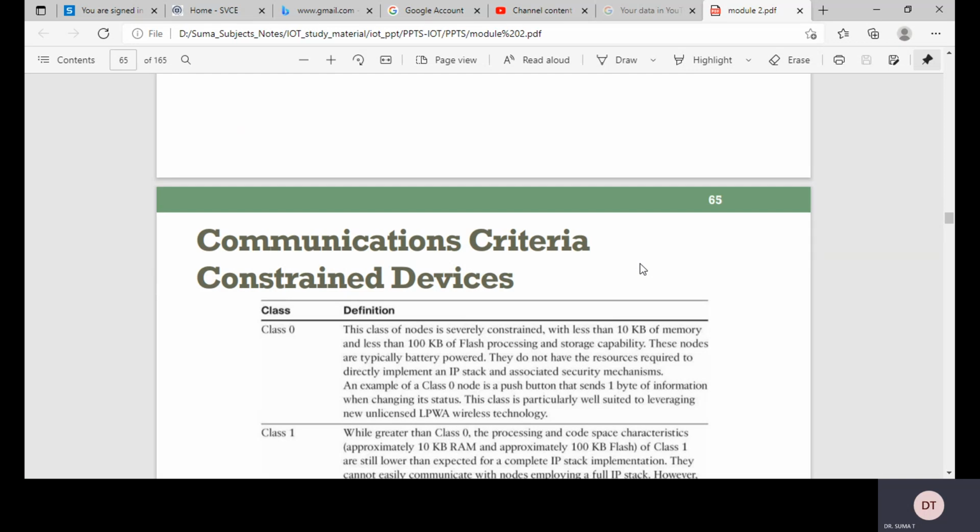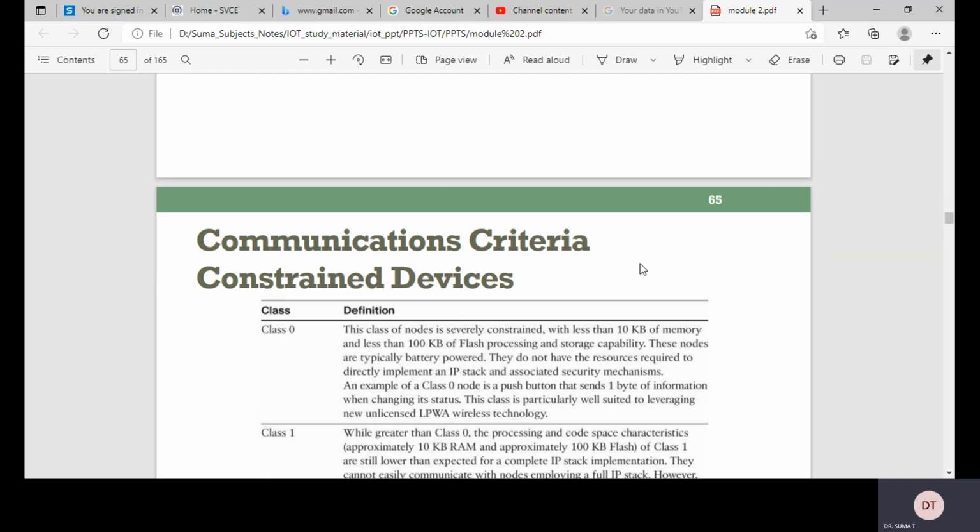So when you take class 0, the definition of this constrained node class defined by RFC 7228 is that these nodes are severely constrained, with less than 10 KB of memory or less than 100 KB of flash processing and storage capability. These nodes are typically battery powered. They do not have the resources required to directly implement an IP stack and associated security mechanisms. An example of a class 0 node is a push button that sends one byte of information when changing its status.